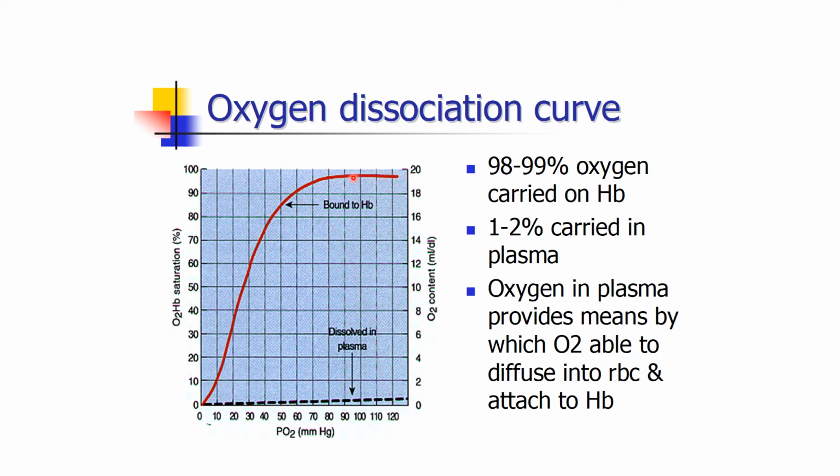This picture is fine. We've got 95% plus saturation of hemoglobin with oxygen. Okay. So again, as we saw on the previous slide, it's in excess of 95%, but around 1-2% carried in plasma.